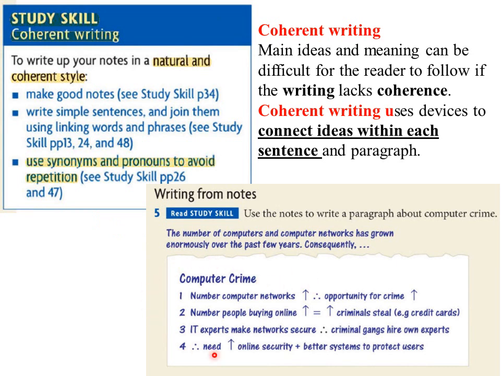And here is an example of the notes, and you could use these notes to write up a paragraph using the linking words, and also write simple sentences, join them with the linking words, and use synonyms and pronouns to avoid repetition.